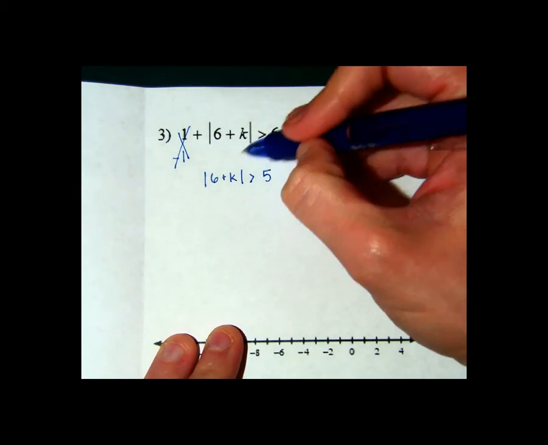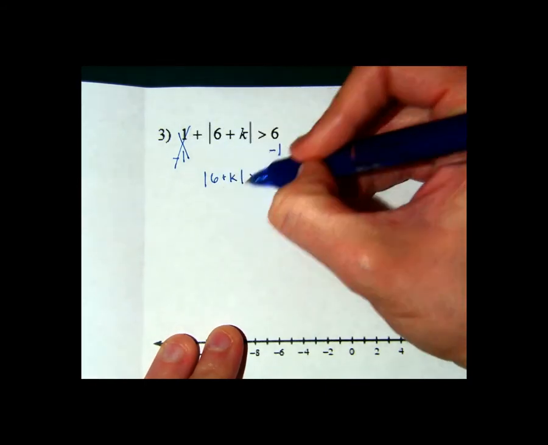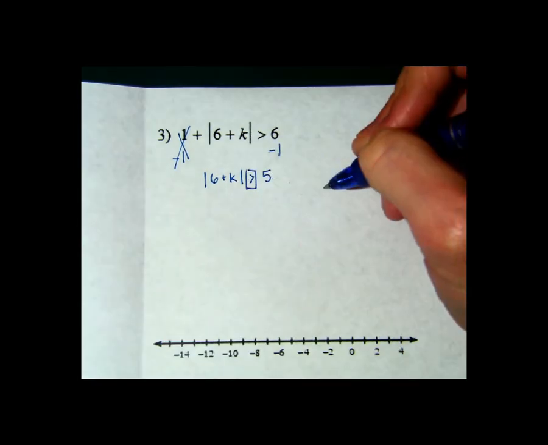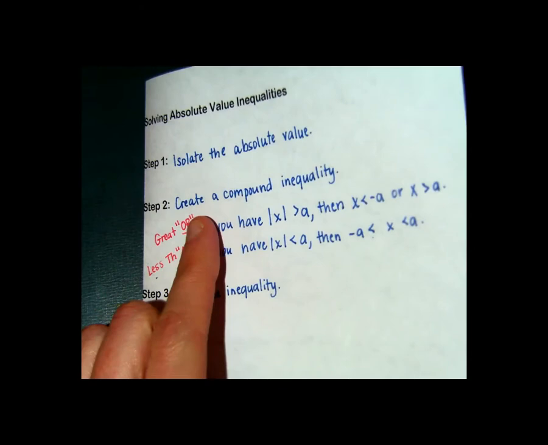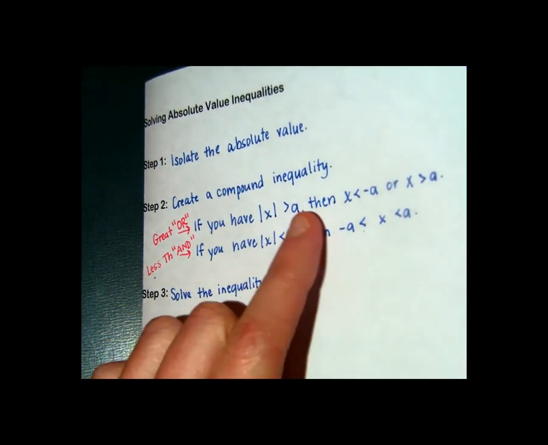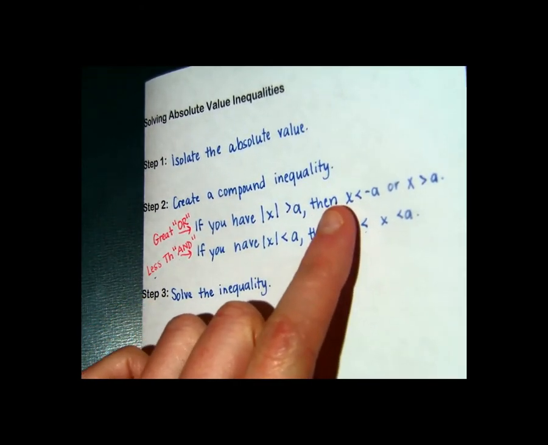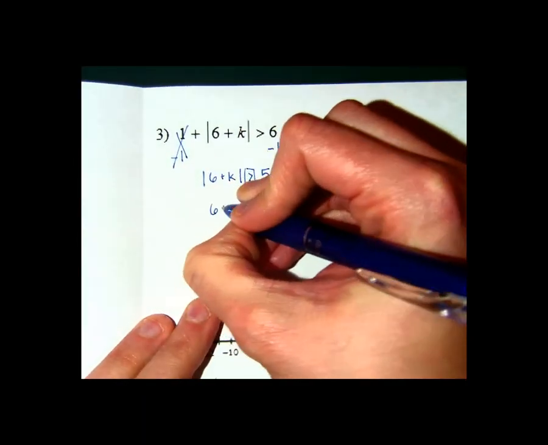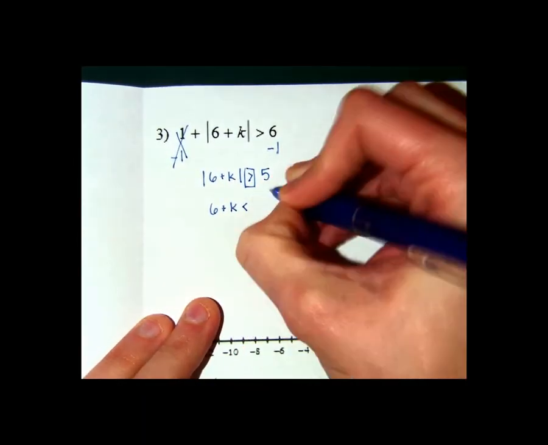I am not looking at my symbol until the absolute value is by itself on one side. Now I have greater. I'm using the steps on the front. I have greater this time. So I'm going to say x is less than a negative number. So 6 plus k is less than negative 5.